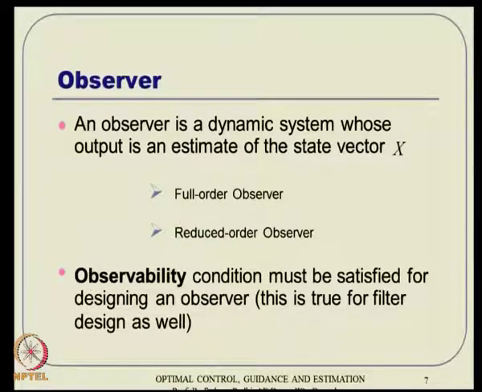The reduced order observer says some of the output vectors are actually nothing but state information, and that output vector does not contain noise. So I do not want to estimate that, I will just simply take it, and whatever I do not know I will try to estimate. That is called a reduced order observer. Also remember this observability condition must be satisfied for designing an observer. No matter what you do, observability has to be there.